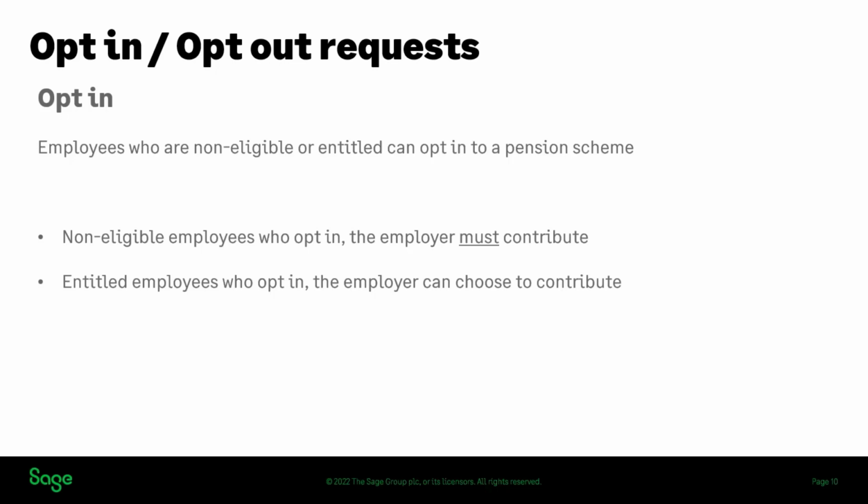However, for an entitled employee who decides to opt into the pension scheme, it's the employer's choice if they wish to contribute. So it is up to the employer in that regard. It's only for non-eligible and of course eligible employees where an employer must contribute should they be added to a pension scheme.